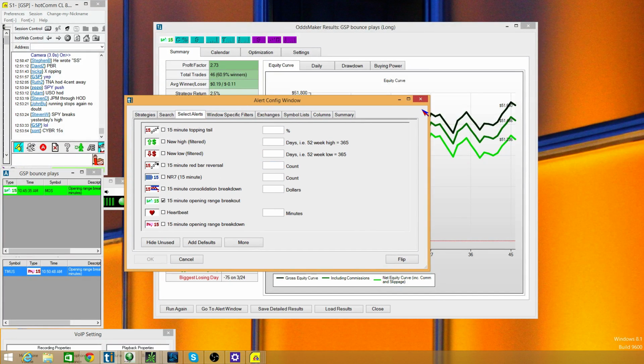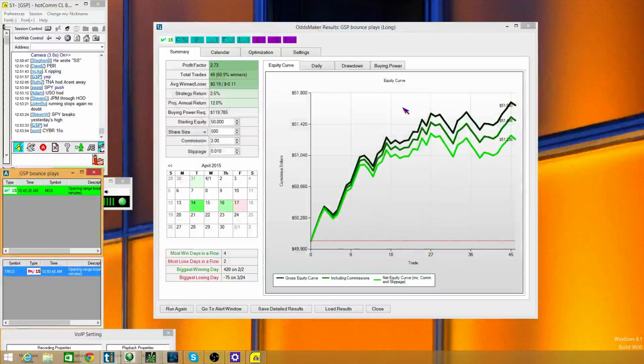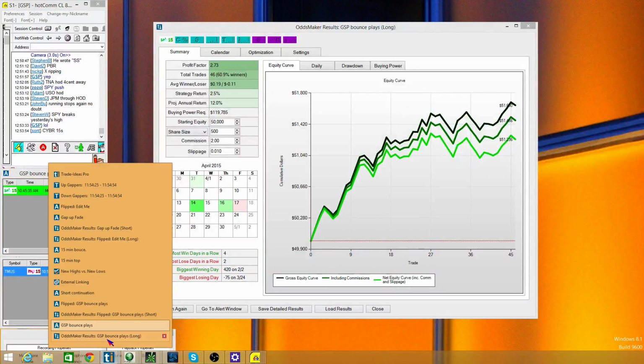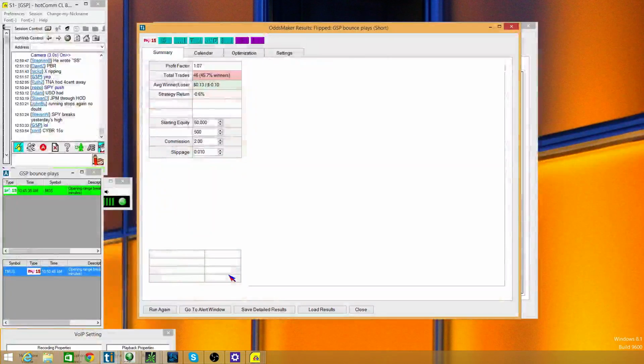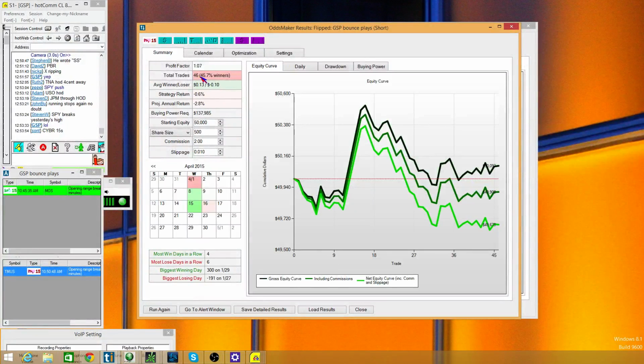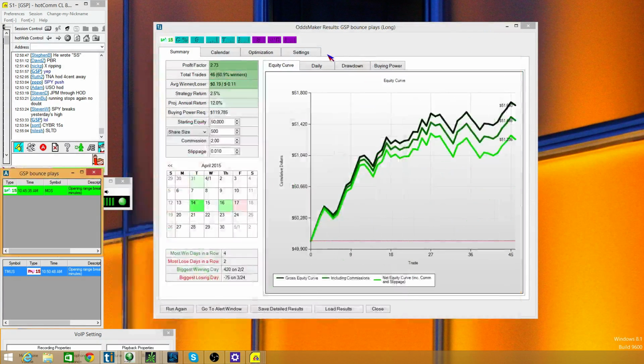So it's funny, when I ran that initially, the chart looked something like this, right? Barely break even. It wasn't a great setup, but then I went through and I started to refine it.